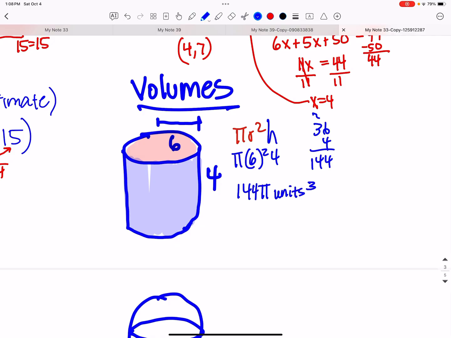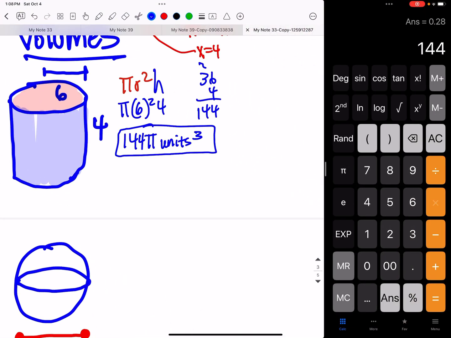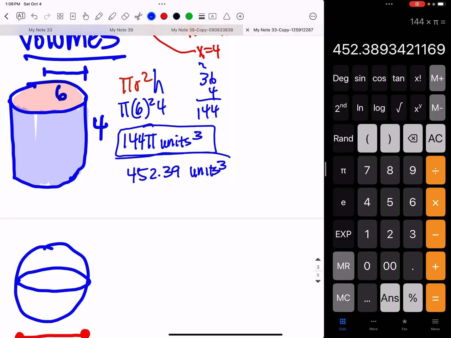Units 3D. If I want to do this, 144 times pi is about 452.39 units 3D.